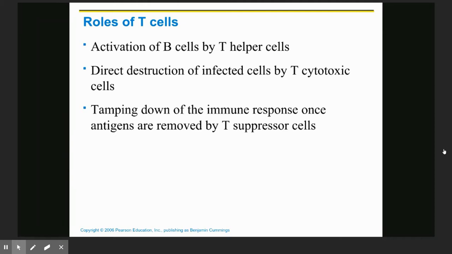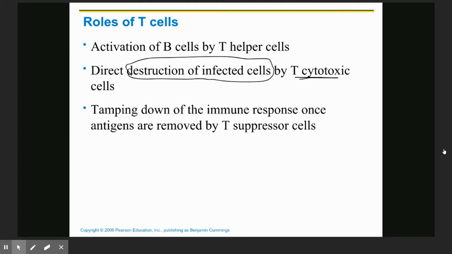Well, when you activate a T helper cell, T helper cells do more than one thing. They activate B cells, but they also help activate T cells, T cytotoxic cells. When you activate T cytotoxic cells, though, they go out and they destroy infected body cells.